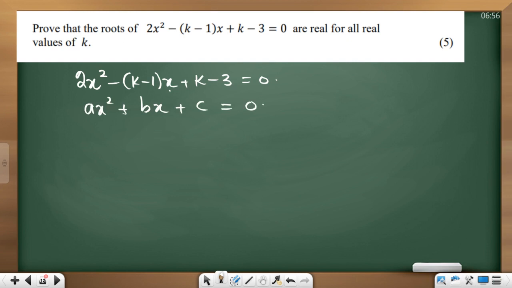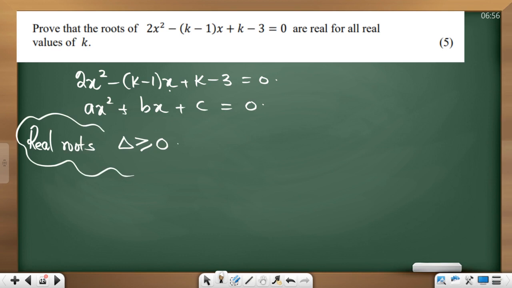They said prove that they are real. You need to find the nature of roots here. For real roots, what should we get? The discriminant must be greater than or equal to 0. So let's go find our discriminant quickly. We're not going to equate it to 0. This is what we want to get. If my discriminant is greater than or equal to 0, then we say the roots are real.